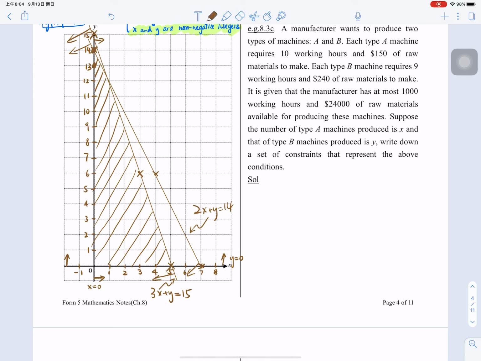For example, the integral values in the shaded region. So you can mark it like this, for each point. This time it's quite easy for you to mark all the points in this shaded region.